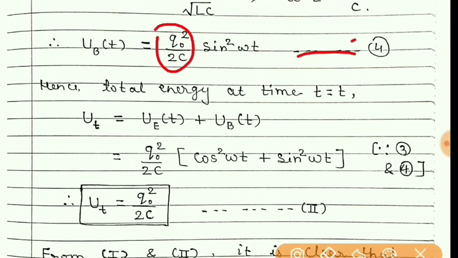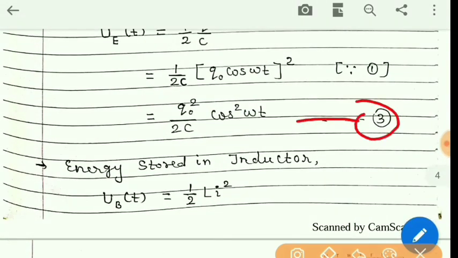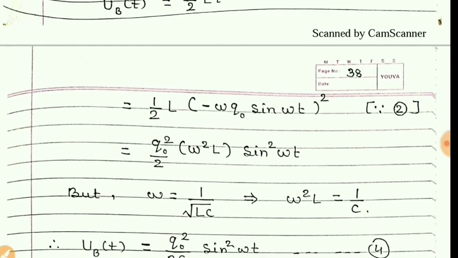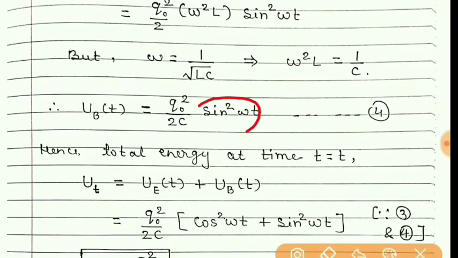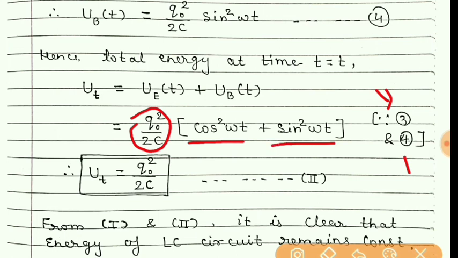You can see in this equation also, and even in equation number 3 also, this is common. So what remains inside the bracket after taking out this term common? Cos square omega t and sin square omega t will remain in the bracket.